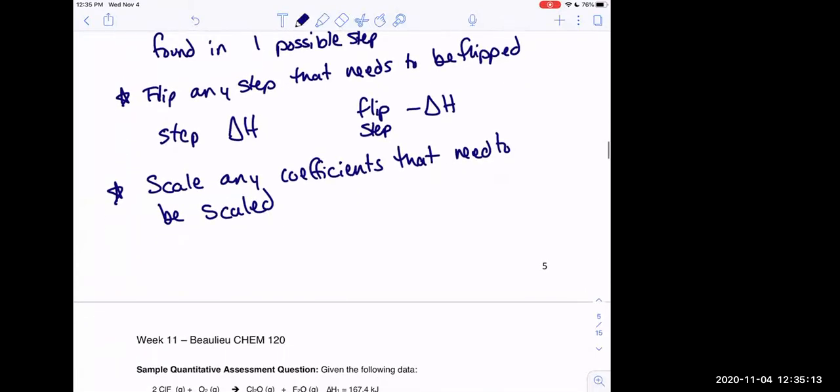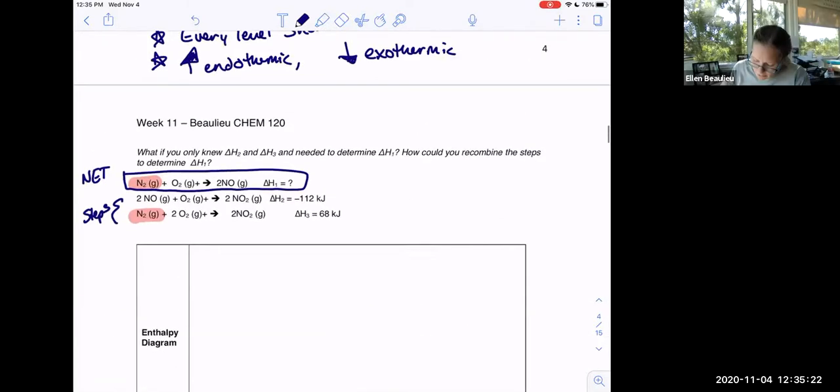And are you flipping it to get the reactant to the product side, or the product, they're all on the reactant side, or are you going into that? That's a great question, Emily. So my first step that I picked, N2 plus O2 yields 2 NO2, I don't have to do anything to that step because N2 looks the very same as it does in my net reaction. You with me so far?